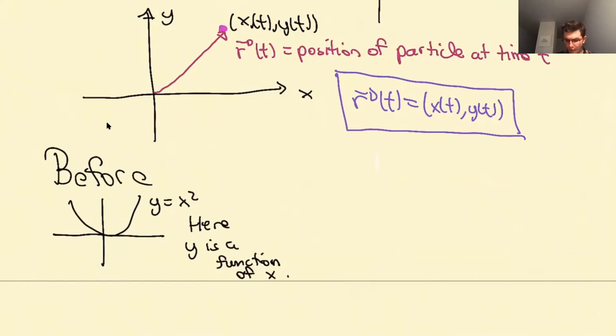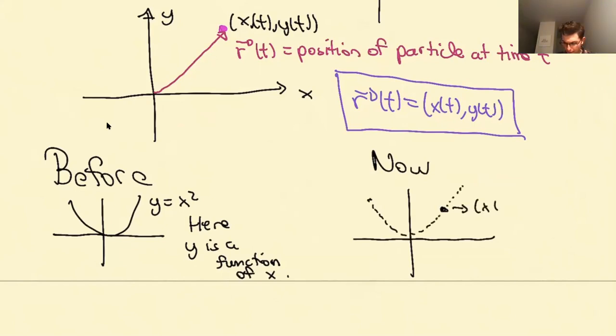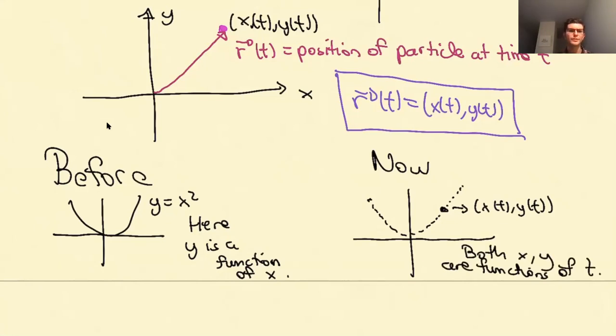But now, from this dot perspective, again this dot tracing out the parabola, both x and y are functions of t. So that's the difference between the two points of view. Is that making sense so far?